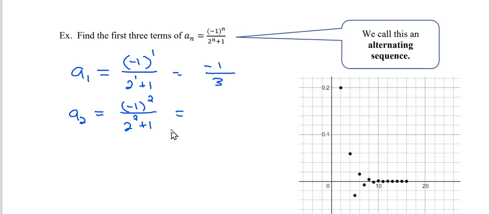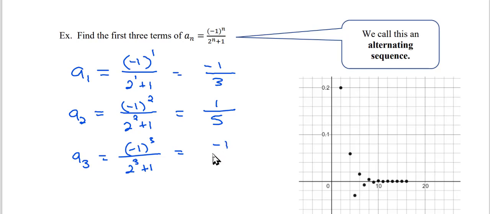Everywhere you see the n, you replace it with, in this case, 2. That's positive 1 over 5. A sub 3 would be negative 1 cubed over 2 to the third plus 1, which is going to be negative 1 over 9. And so on.